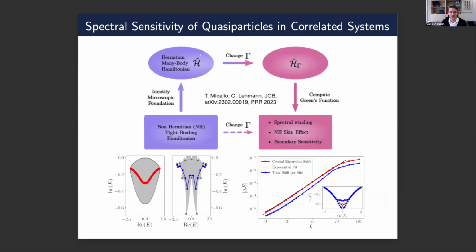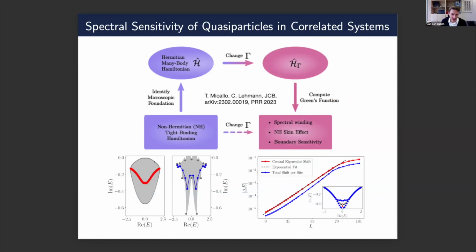Non-Hermitian systems are also very interesting in the sense that if you change the boundary conditions of the system, for example, from a bulk system or system with periodic boundary conditions to a system with open boundary conditions, then again something similarly exotic to these exceptional points happens, where two quasi-particle modes can merge into a collinear one.